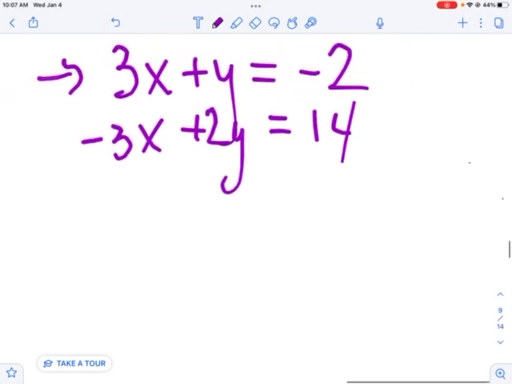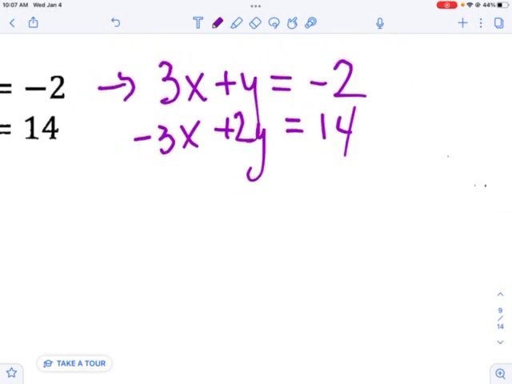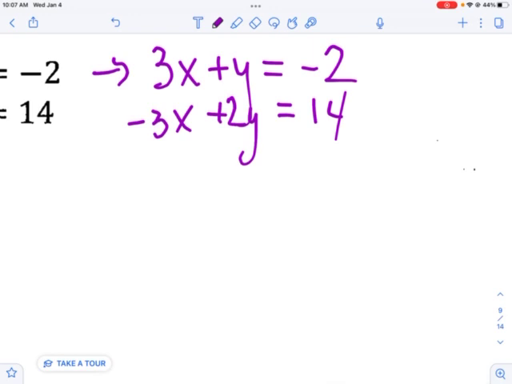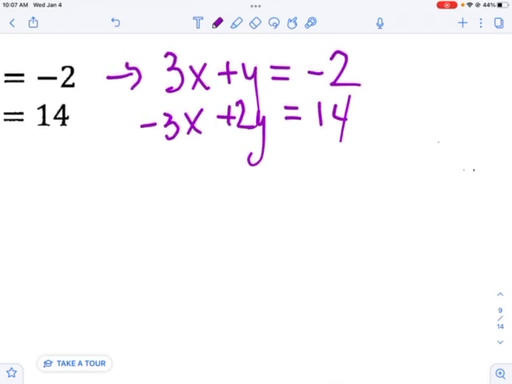All right, so step 2, remember we're not working on getting opposite coefficients because I can see I have negative 3x and 3x. If I add them together, they'll be eliminated. So I'm ready to go. Vertical addition. 3x plus negative 3x, eliminated.